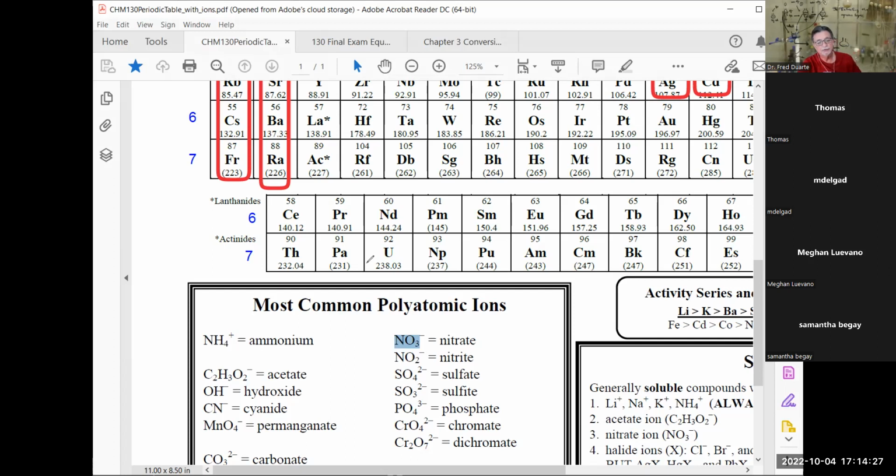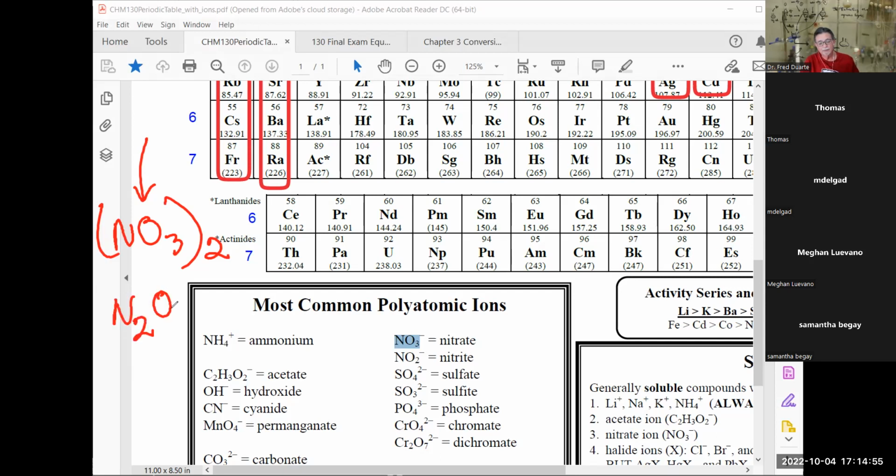For example, to show 2 nitrates, we would put parentheses in the formula and put a 2 in the subscript. We use parentheses to keep the nitrate ion intact. We wouldn't do what I've seen before, where people have written N2O6. I have no idea what that is, but it's not 2 nitrates. So it is parentheses, subscript with whatever number of nitrates you need.